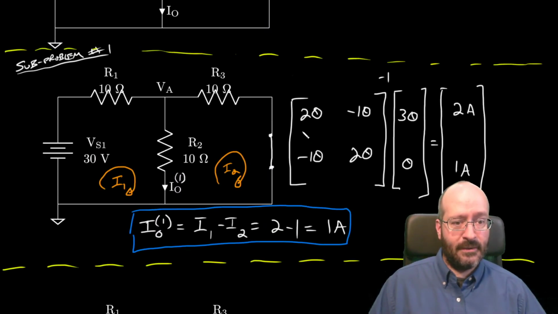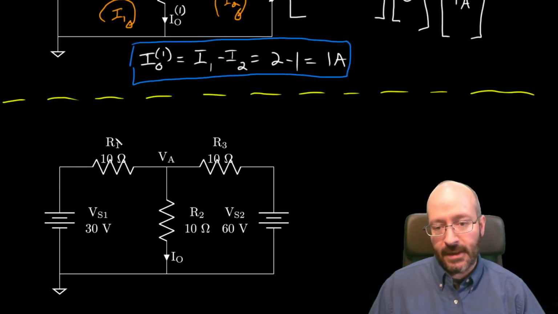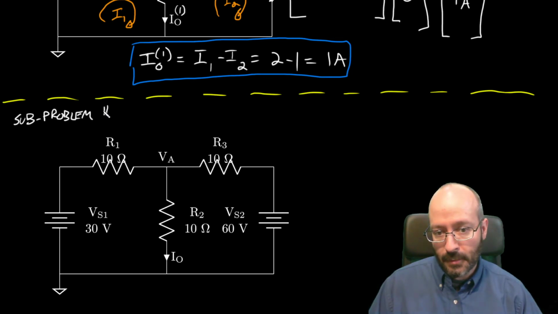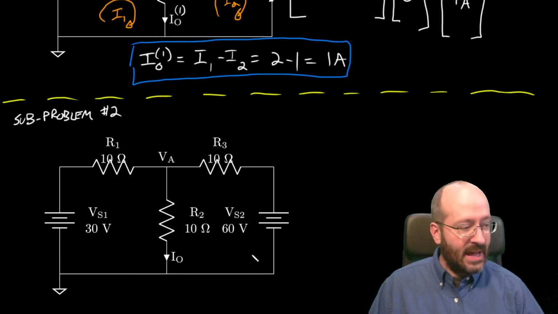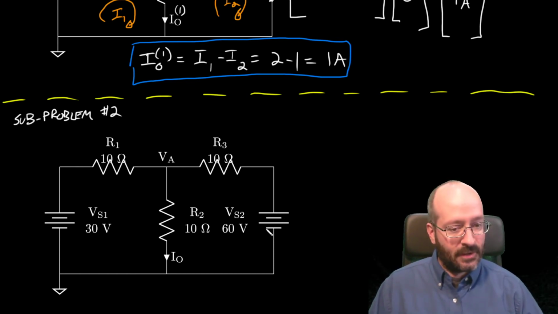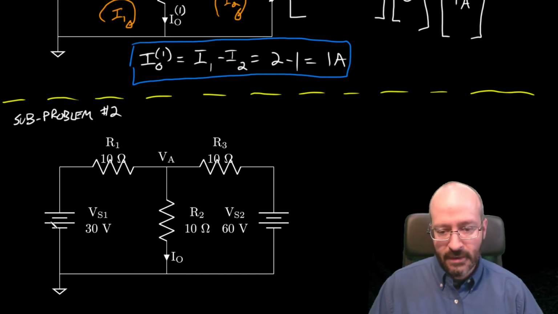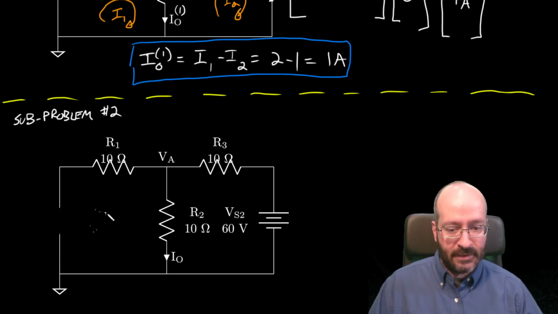Okay. Do I still have the circuit? I do. Cool. So now we do it again. Did I get rid of that up there? Yep. Okay, now we do it again. And we say subproblem number 2. And now we're analyzing the circuit to figure out what VS2 does to I out. Okay, so we play the same game. We get rid of all of the other independent supplies and we replace them with their ideal resistances.